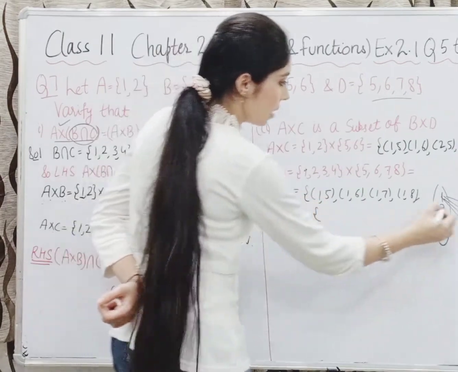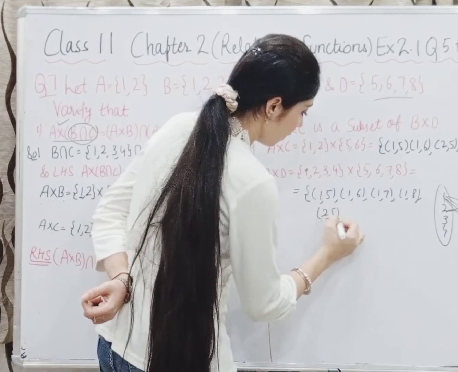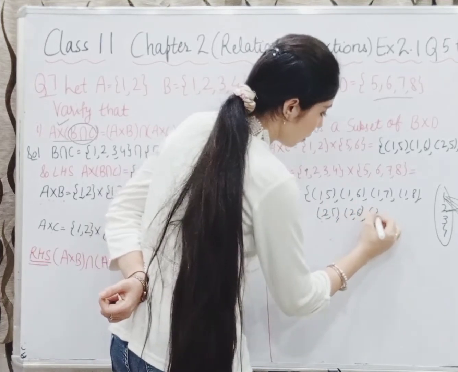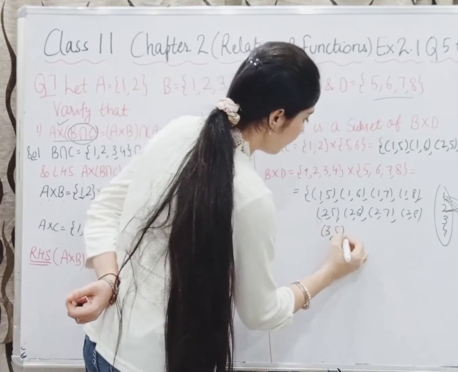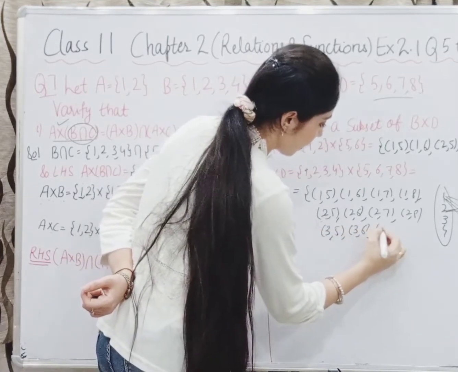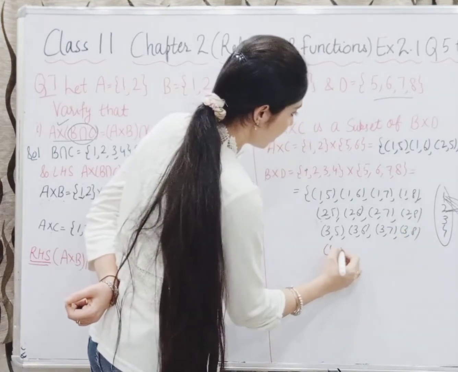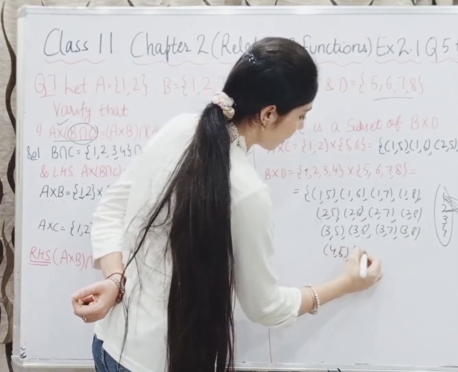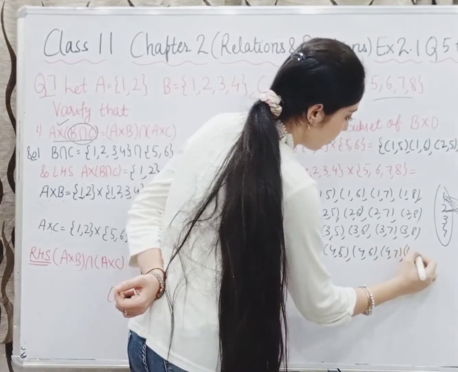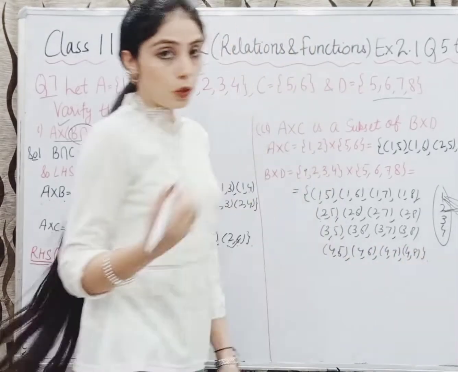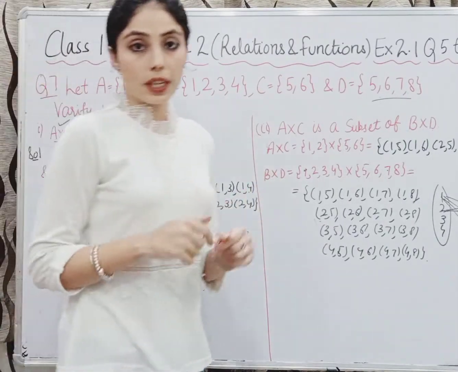After that we will write (2,5), (2,6), (2,7), (2,8), (3,5), (3,6), (3,7) and (3,8). Last will be (4,5), (4,6), (4,7), (4,8). These are the 16 elements which are in the Cartesian product of B and D.